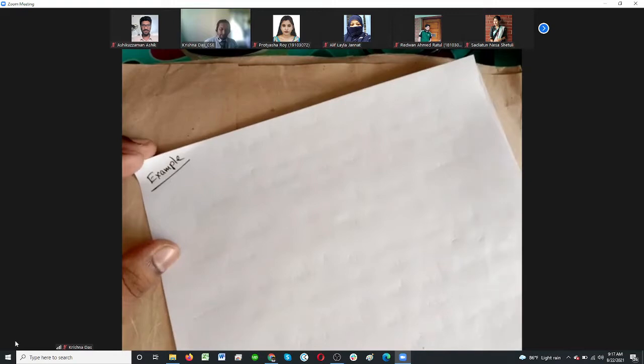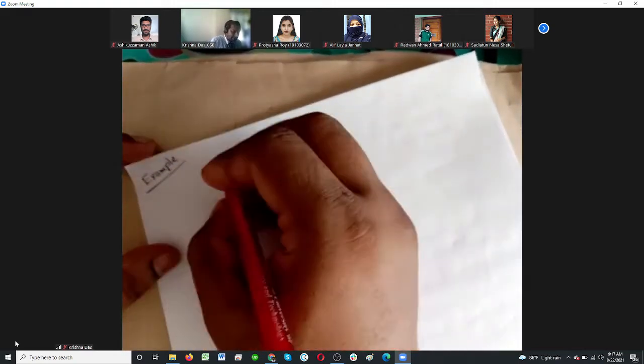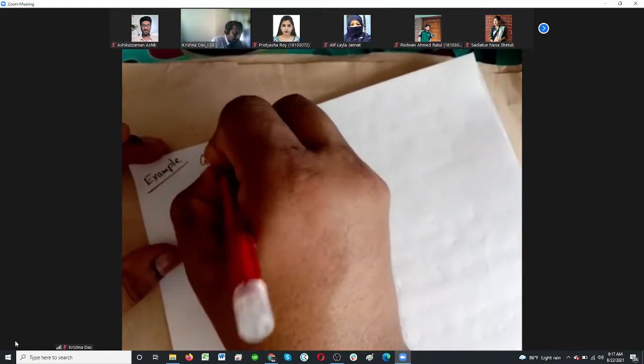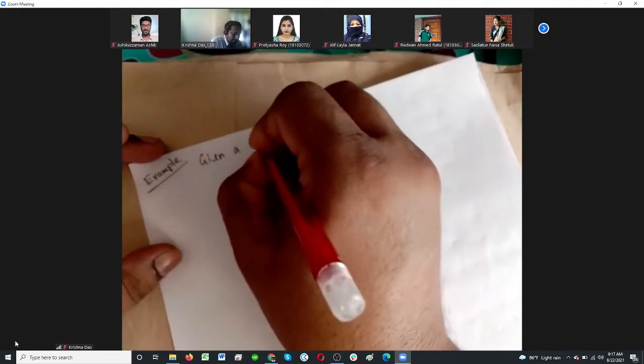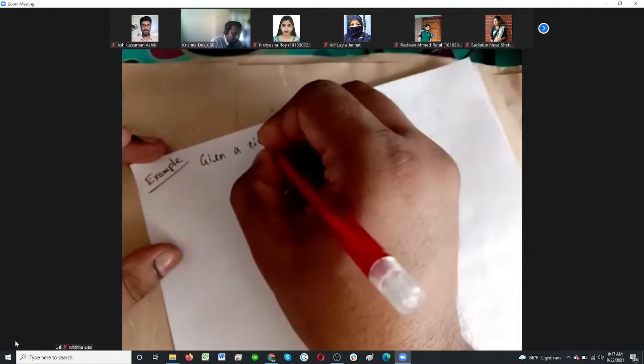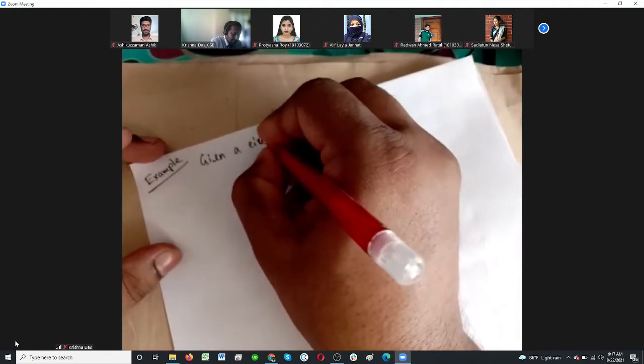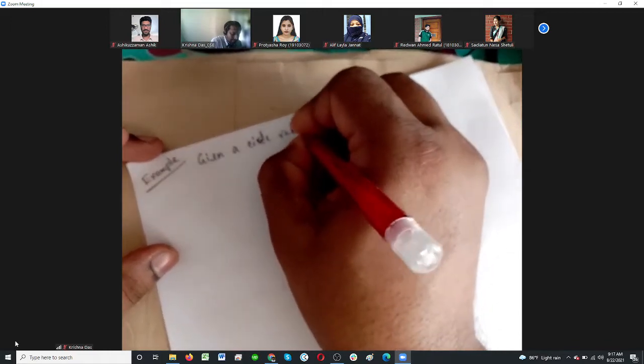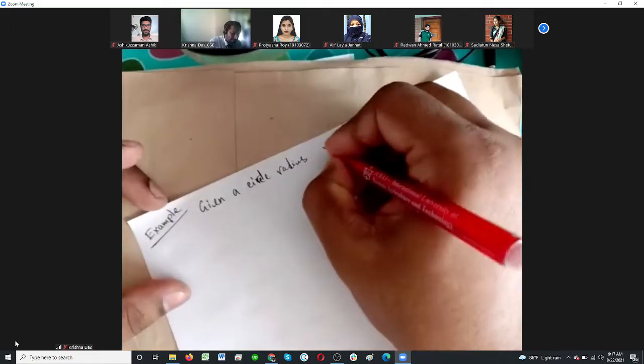Okay, let us go for an example. Say it has been given a circle with radius r equal to 10.